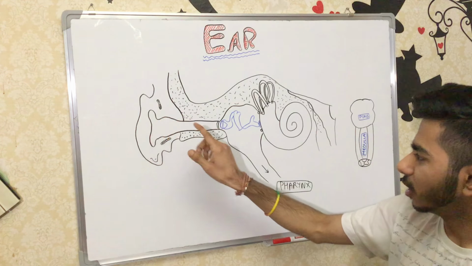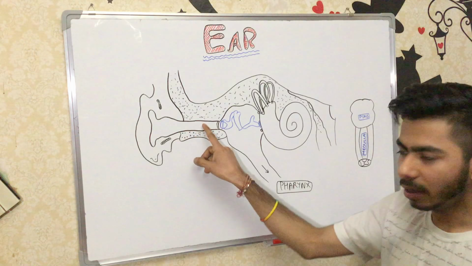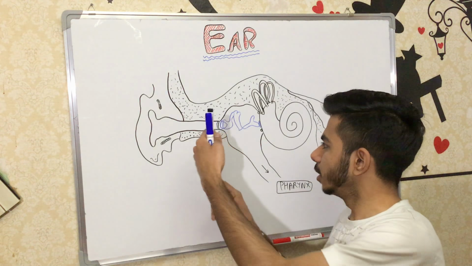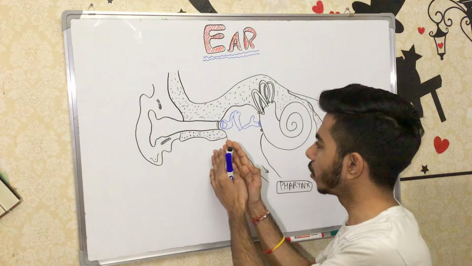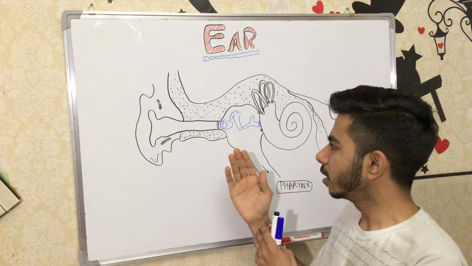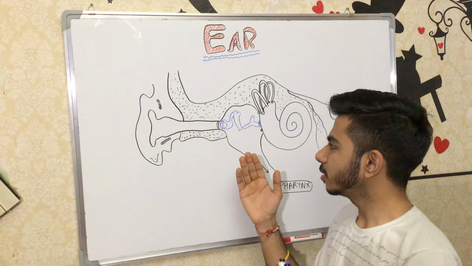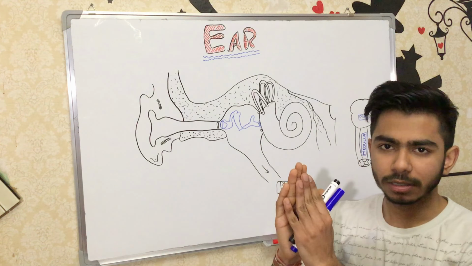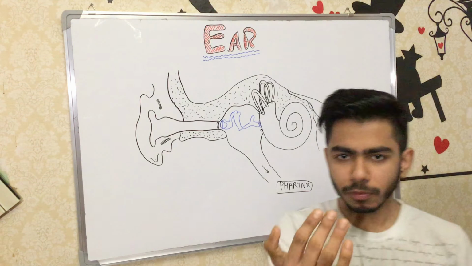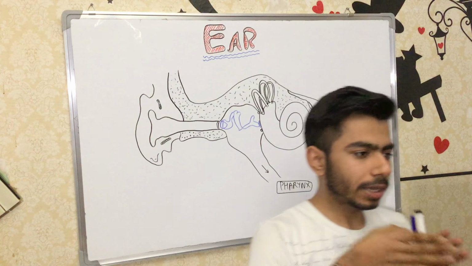And the part which is more inside, nearer to the tympanic membrane or eardrum, is medial and bulging towards the front and downwards. So if you look from the front, then it is going like this.